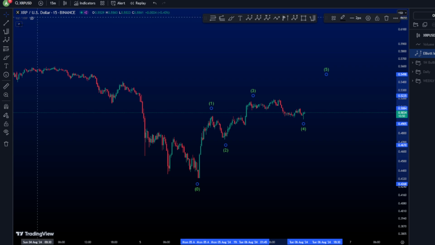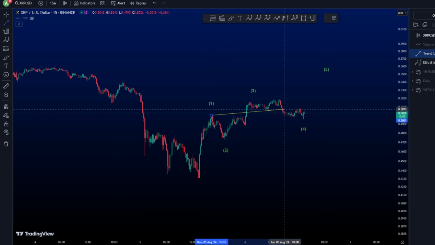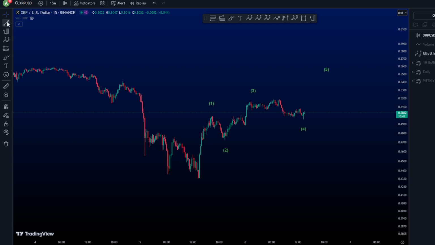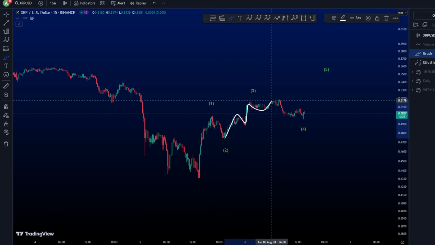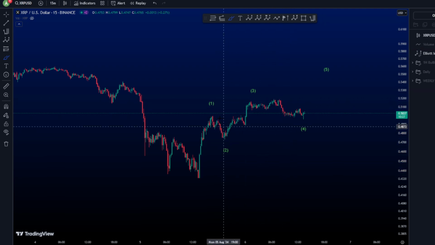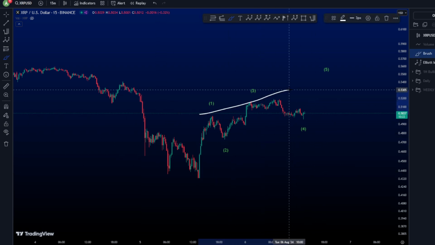Because of the overlap between the 1 and the 4, it would be preferable to consider this rather as a 1, 2, 1, 2, which is also a very valid option, by the way. Here is a full impulse and correction, then a full impulse and correction, which makes this much more impulsive than just a diagonal.